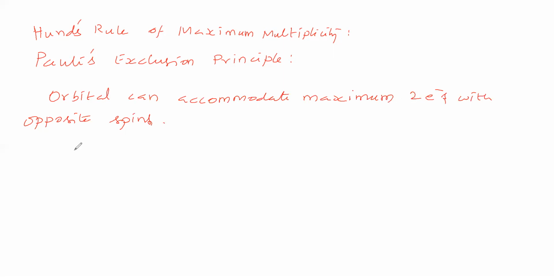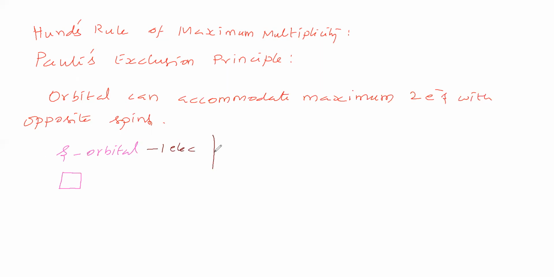That we will see. Now we will take an s orbital. An orbital we will write as a square box, otherwise a circle. Now suppose this s orbital is having 1 electron.